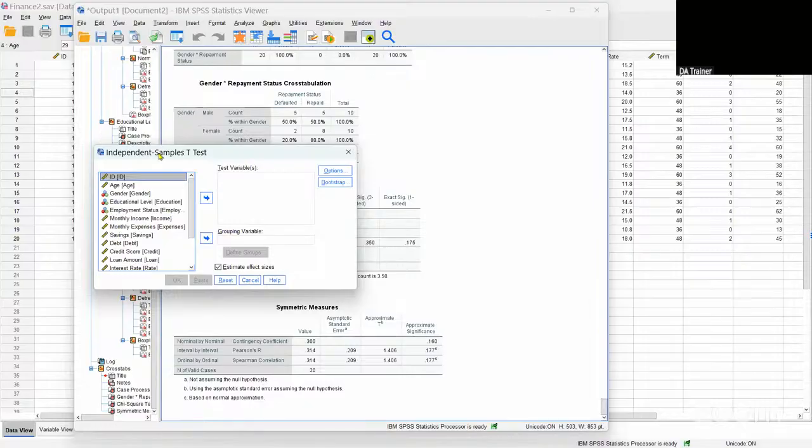Does it differ between customers that pay back their loan and those that don't pay? Average income, does it differ between those that pay their loan and those that don't pay? Very simple. Once you are there, pick up monthly income, drag it, keep it on the test, and then drag repayment status into groups.